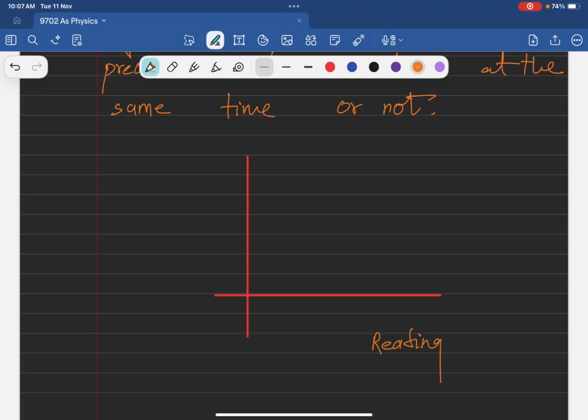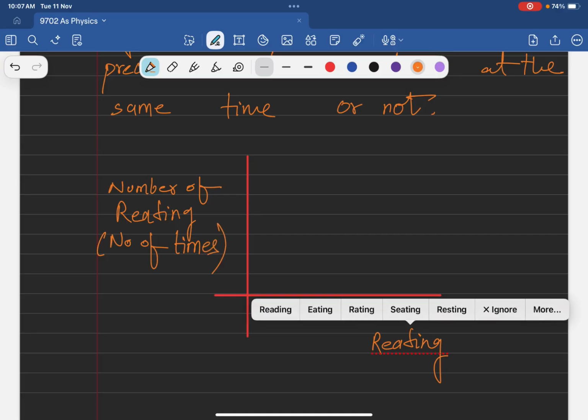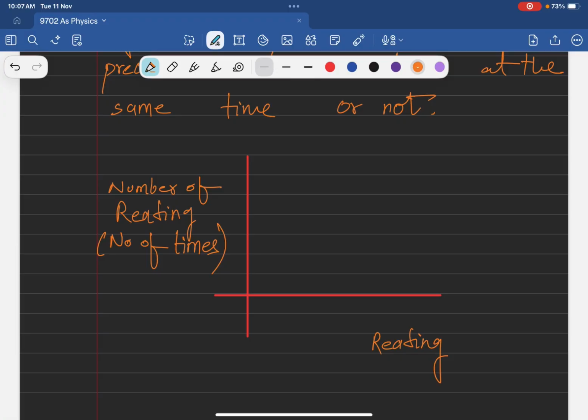On the y-axis, we have the number of readings, or we can say the number of times the reading is coming in our measurement.